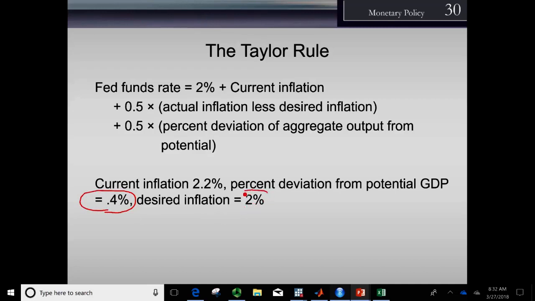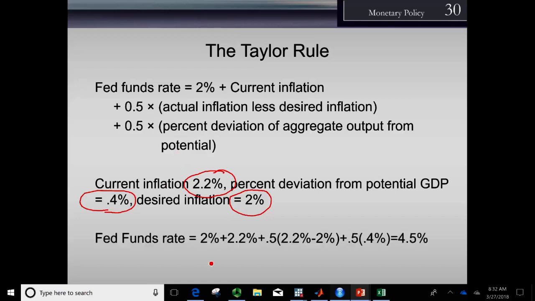And I know that the target level of inflation for the Fed is 2%. They've stated that. So I'm going to take all of these numbers and plug them into the Taylor rule in order to get sort of an upper limit as to what I think the Fed might be targeting ultimately this year in terms of a Fed funds rate.